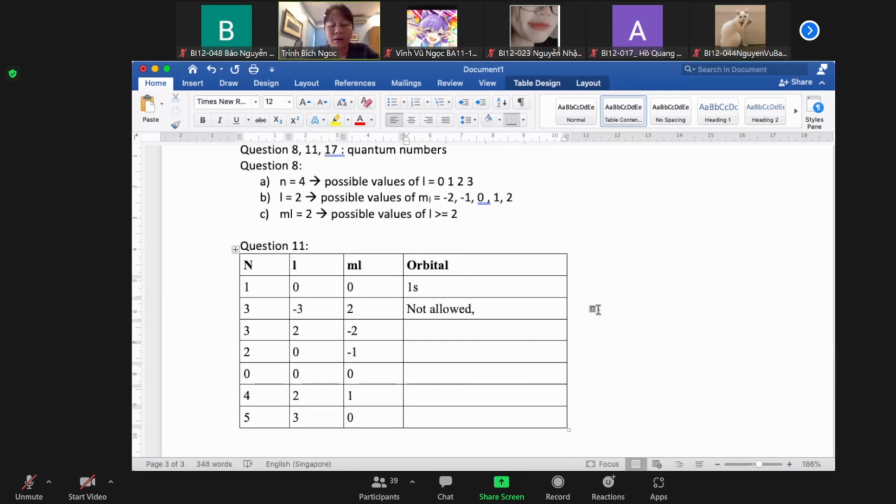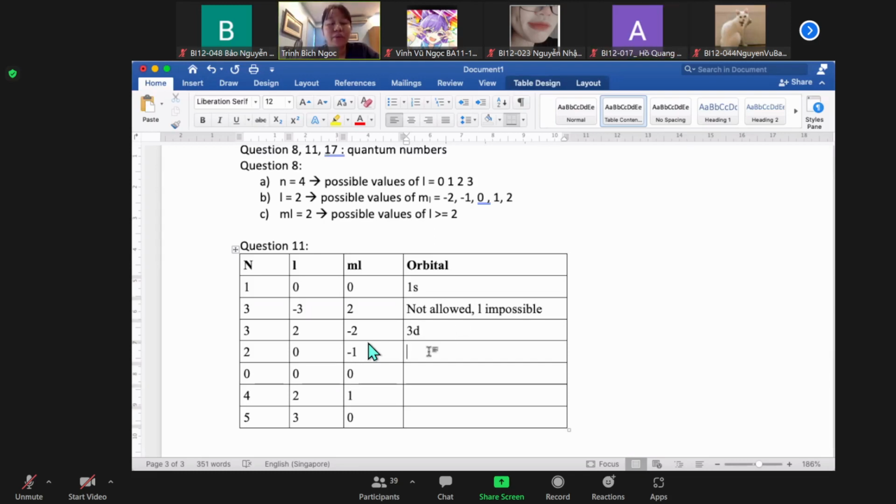So it is impossible. Then 3, 2, minus 2. This is the orbital for L equal to 2. Which kind of orbital? D. This is 3d, okay?